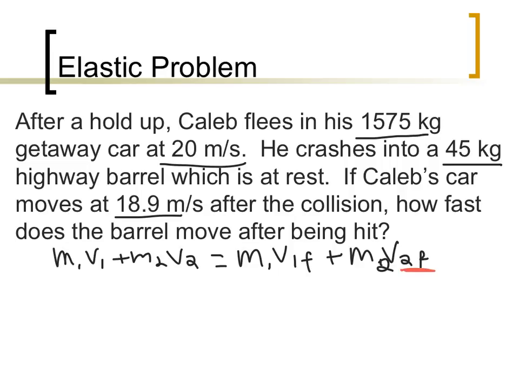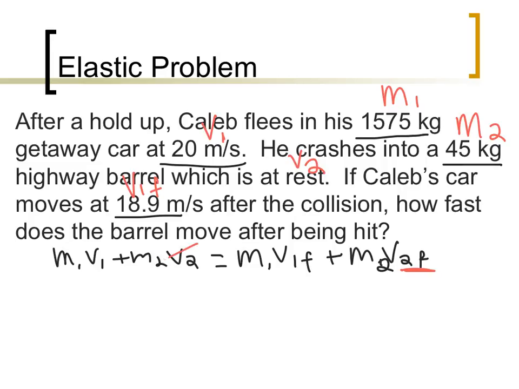This is the one we're going to be solving for. We know M1 is Caleb's car, and its velocity is V1. The second object is M2, and its V2 is at rest, so that's actually 0. Caleb's car, V1F, at the end is moving 18.9 meters per second after the collision.